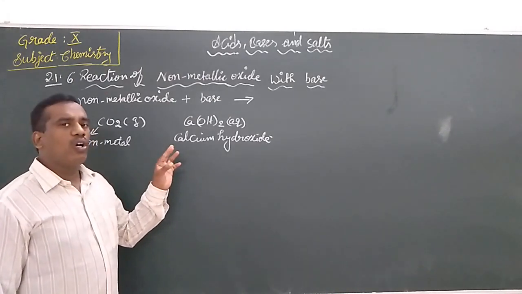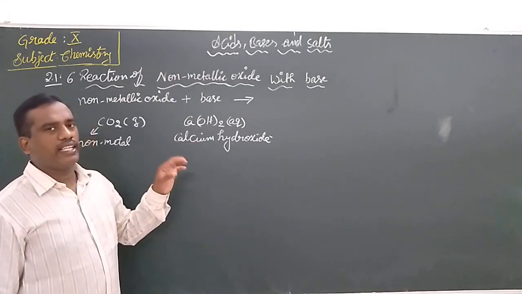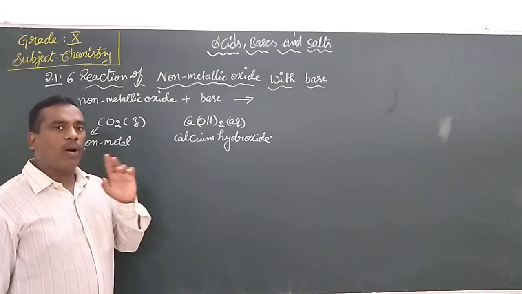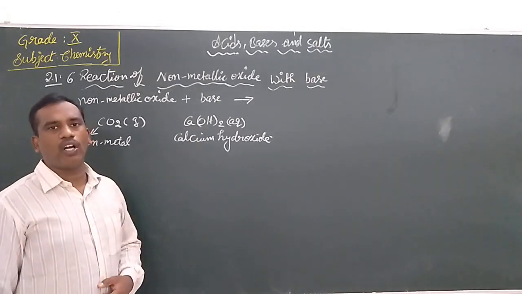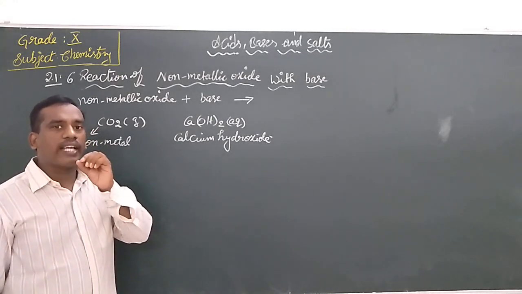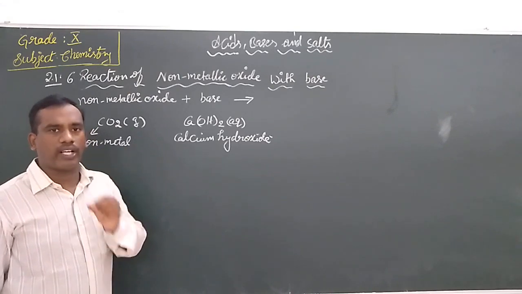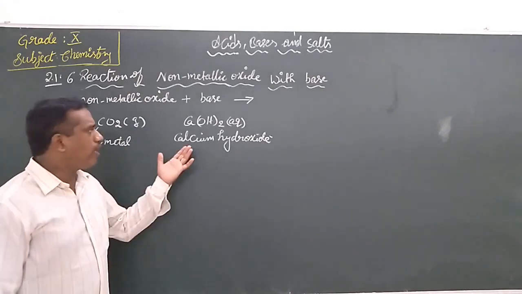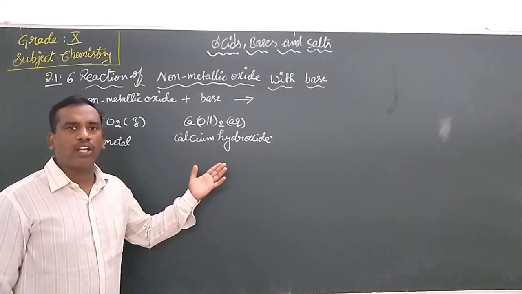How to say the reaction is happening or what products are obtained? We have also observed in biology, when you blow the exhaled gas into lime water, it turns milky. Lime water is nothing but calcium hydroxide.